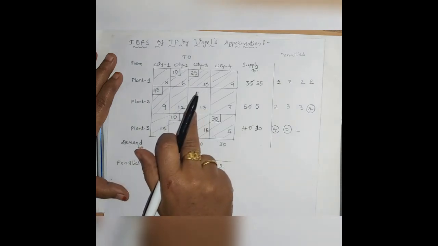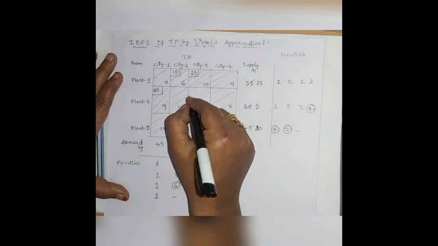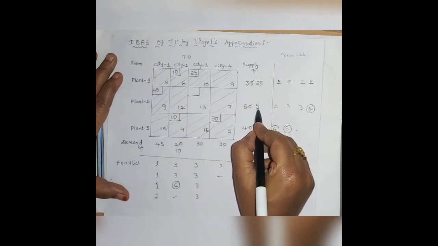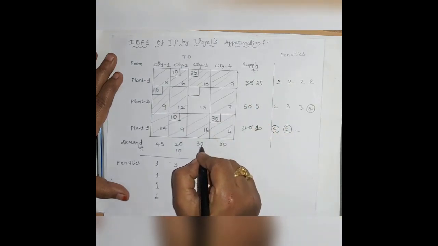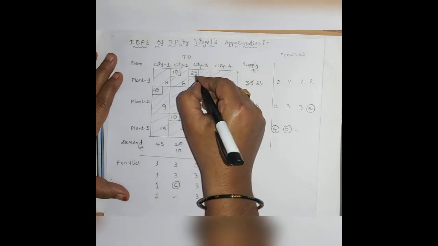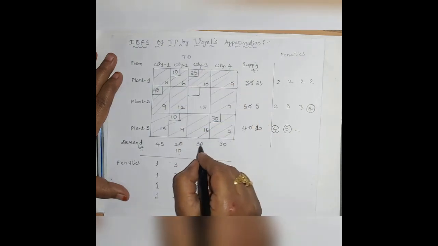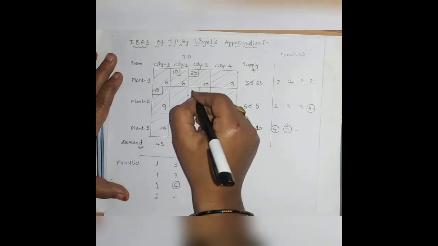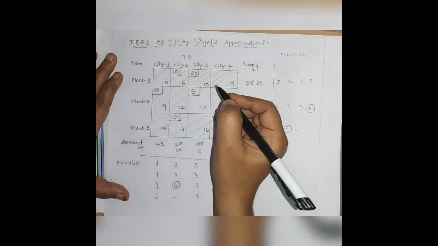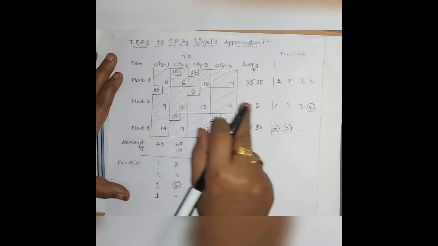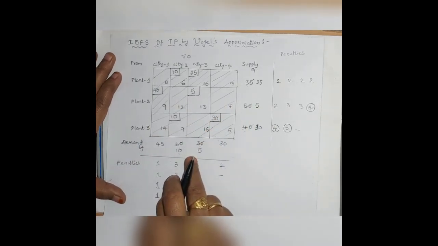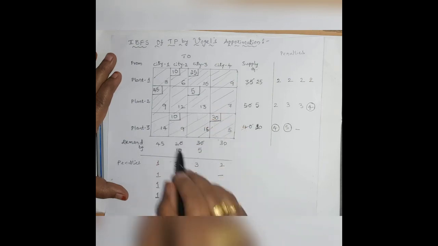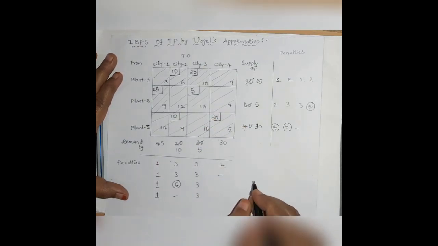So I am left with only one cell. So consider here. So here I have 5, remaining supply is 5. Now out of the 30 units, already 25 units are allotted to city 3. So the remaining units are 5. So 5 and 5. So if you are doing a problem right, then you will be left with the equal amount of the supply and demand for the last cell. So this is the allotment for the Vogel's approximation method.